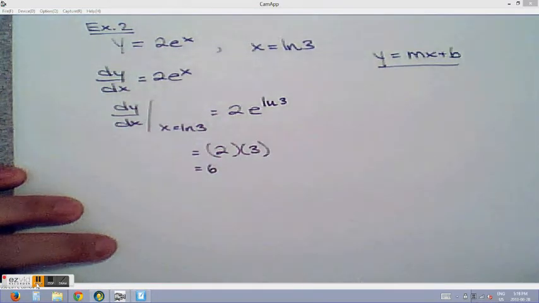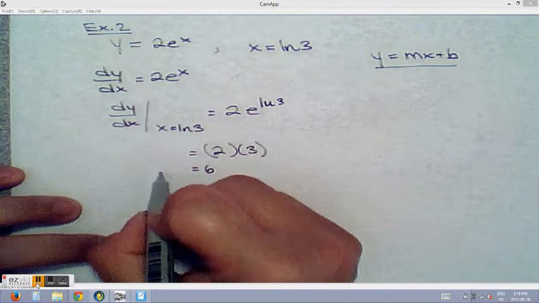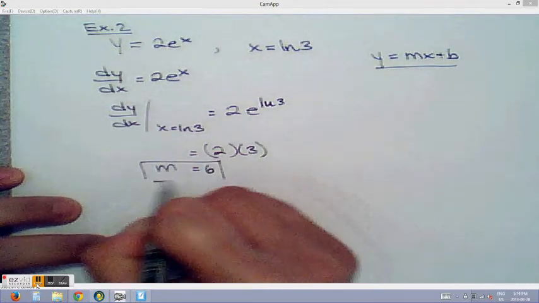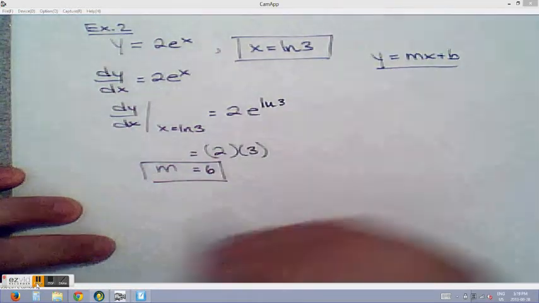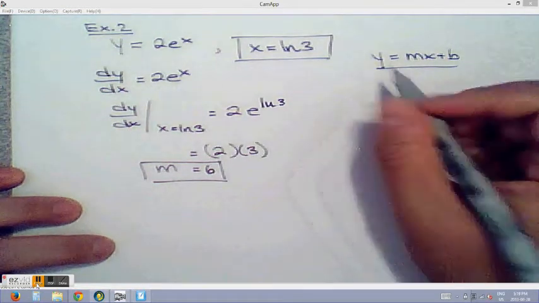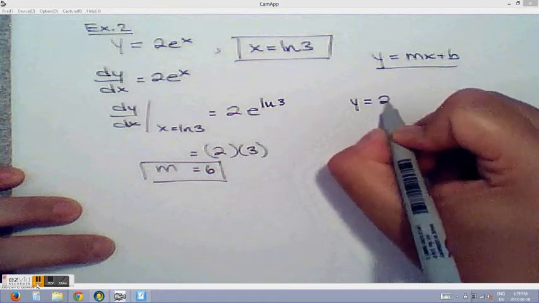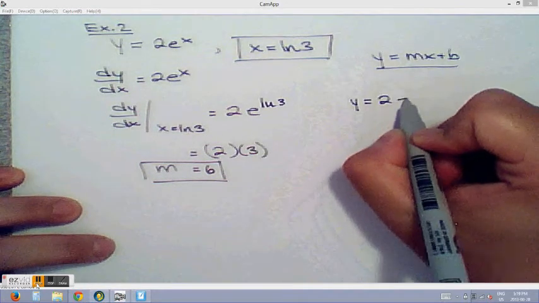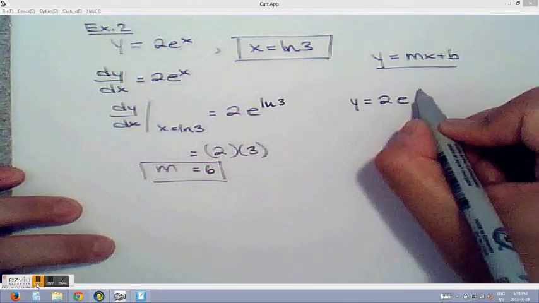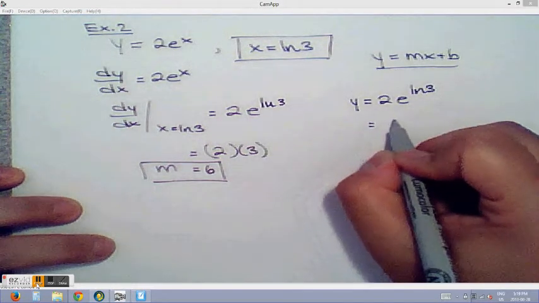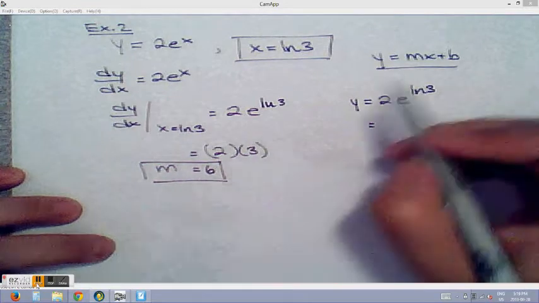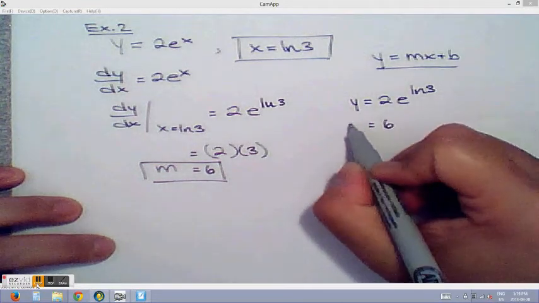Okay, so that is our slope, that's m. We have x, we need to find y. So y is equal to 2e^(ln 3), which again is the same as the slope, just 6. So y is equal to 6.